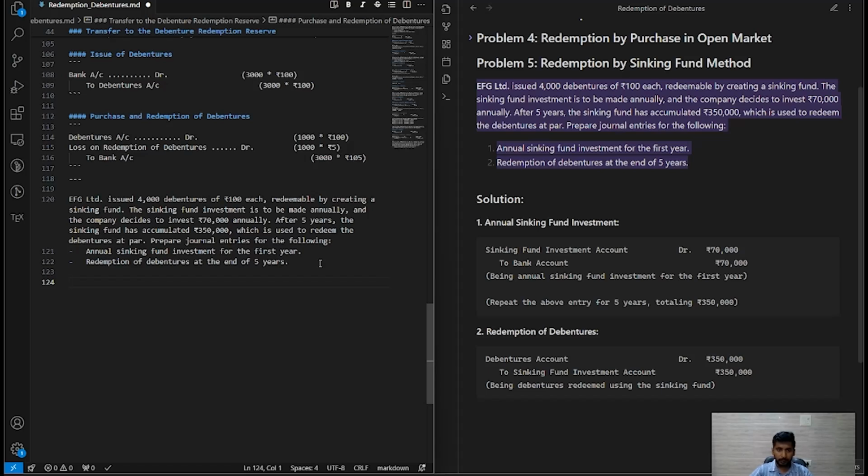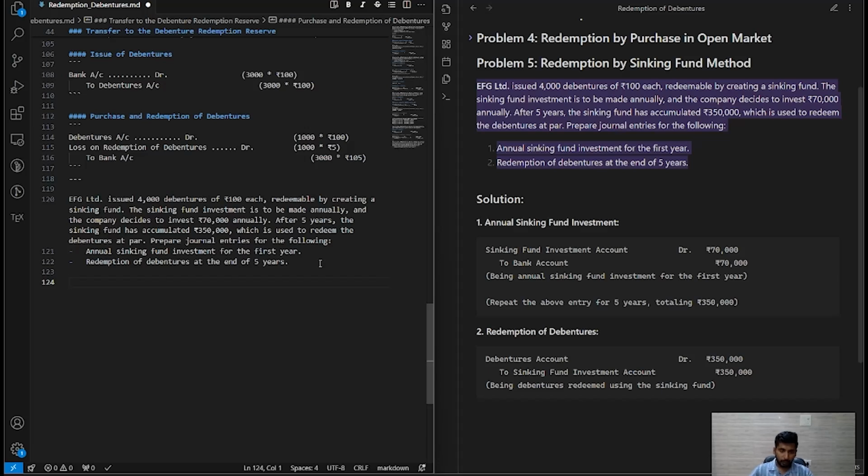The sinking fund investment is to be made annually, and the company decides to invest rupees 70,000 annually. After 5 years, the sinking fund has accumulated rupees 3,50,000, which is used to redeem the debentures at par. Prepare the journal entries for the annual sinking fund investment for the first year and redemption of the debentures at the end of the 5 years.